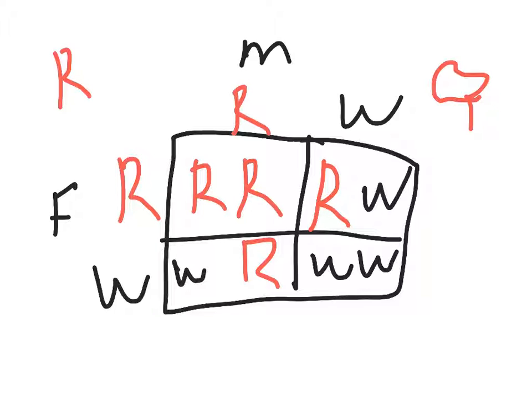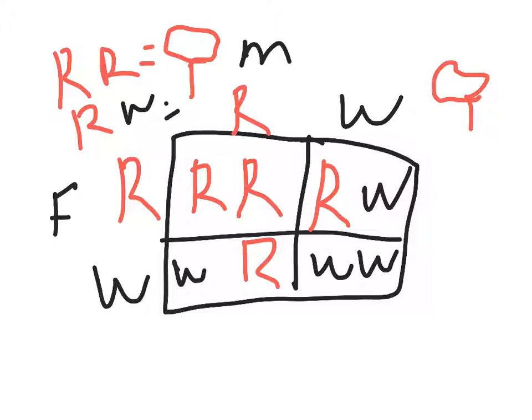R is dominant. So RR equals red flower, or RW equals red flower. It's only WW that equals white flower, right?